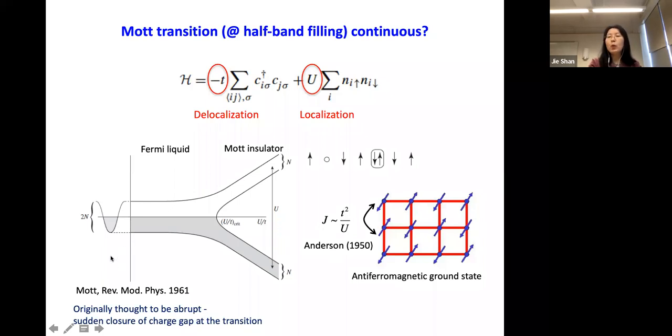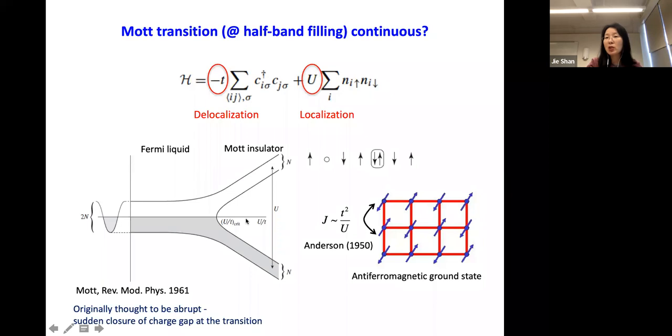So at that time, people, including Mott, thought this should be abrupt, because without fine tuning it's very hard to have those two occur at the same point, right? So this is still kind of an open question about this transition, whether it's abrupt or continuous.